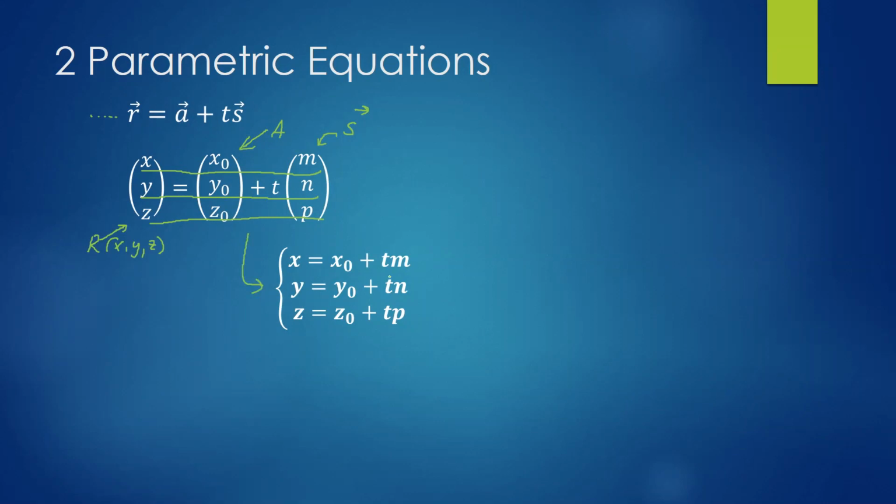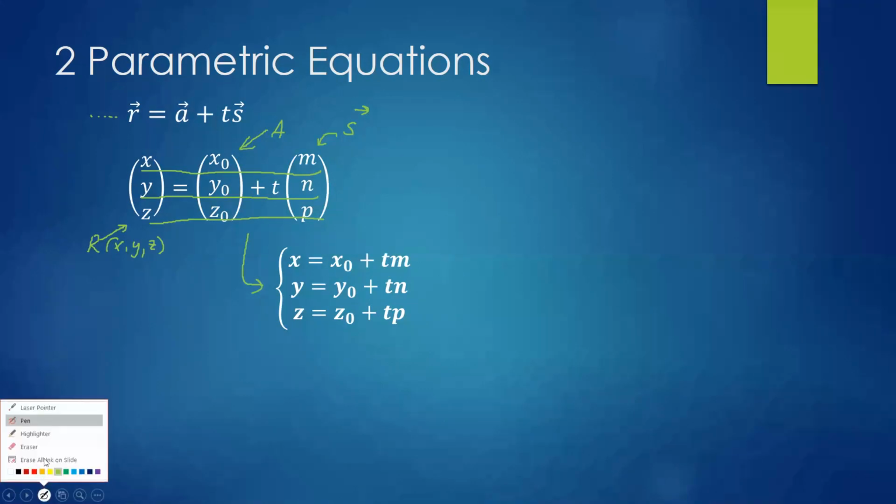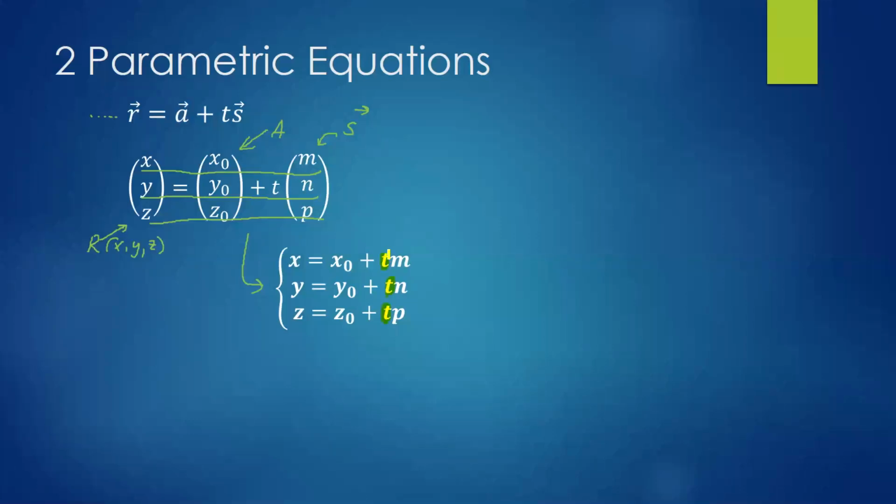The interesting moment being that, of course, the t value must be exactly the same in all three cases. For all three coordinates, the t has to be the same because we are multiplying the parameter t by the whole vector m, n and p. So it's the same parameter, it's the same one.